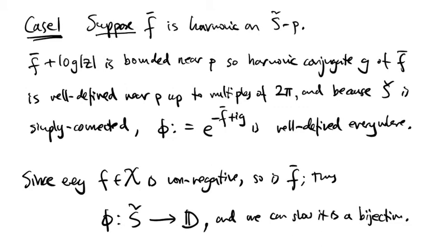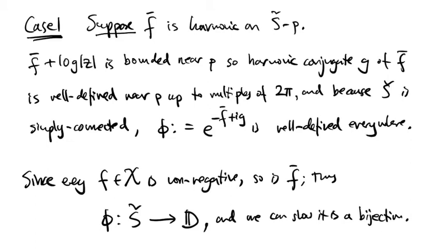Let's suppose that f bar is harmonic on S twiddle minus the point P. The function f bar plus log of the absolute value of z is bounded near P. So the harmonic conjugate g of f bar is well defined near the point P up to multiples of 2 pi. And because S twiddle is simply connected, the function e to the power of minus f bar plus i g is well defined everywhere.